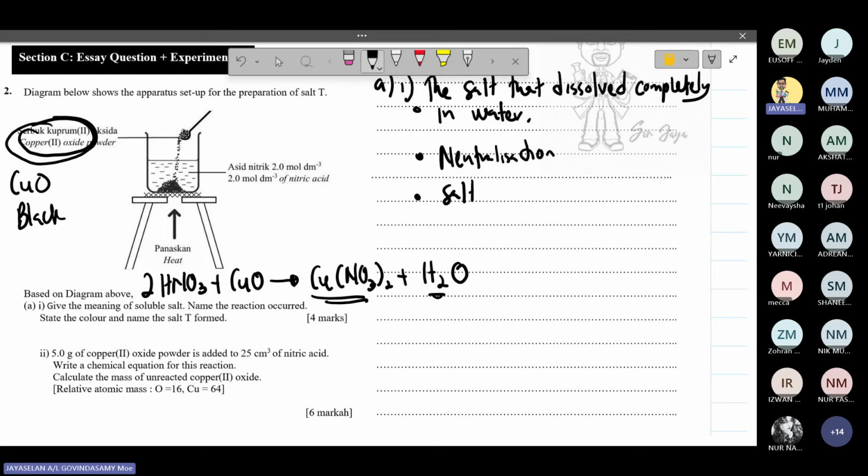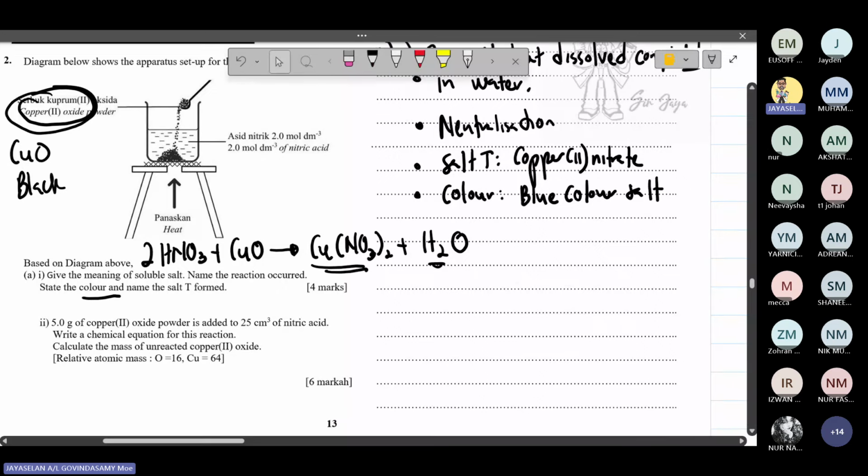I put here salt T is copper(II) nitrate. Nitrate salt. Already got 3 marks. Next, state the color of this salt. Okay, they want the color. So what is the color of copper(II) nitrate? Copper(II) nitrate is a blue color salt. So I have got 4 marks. Any question?